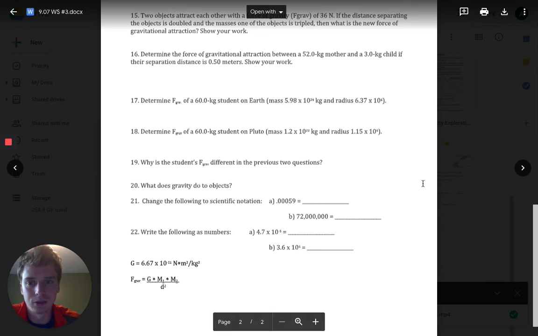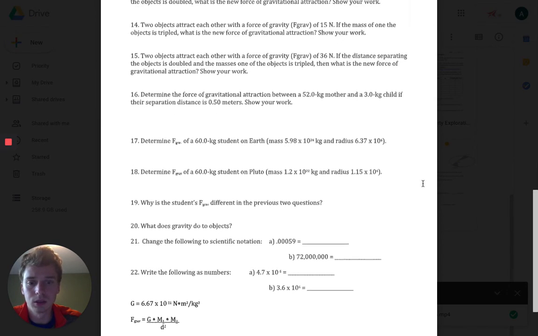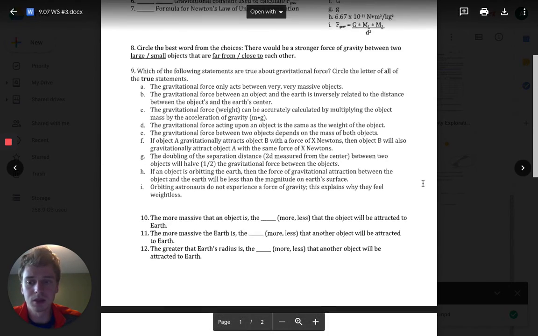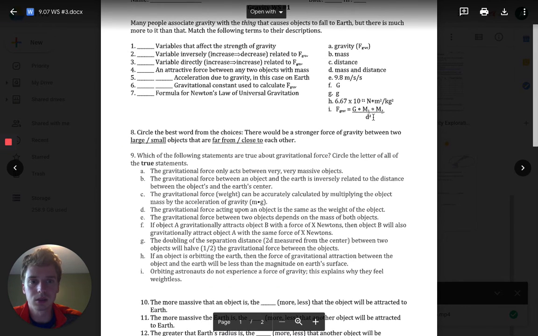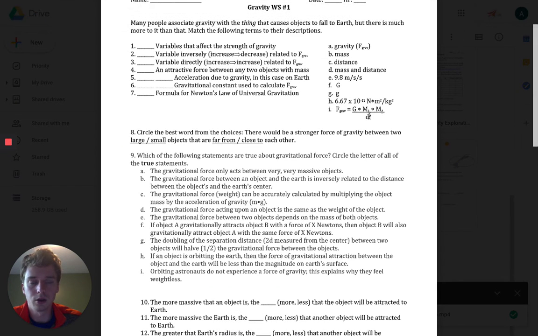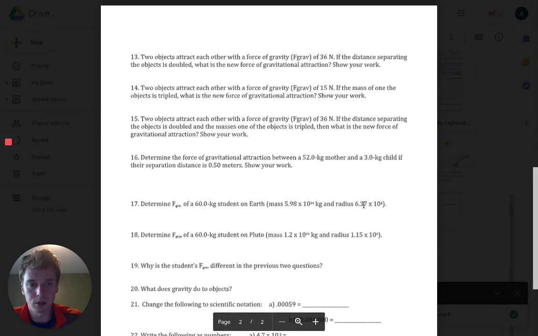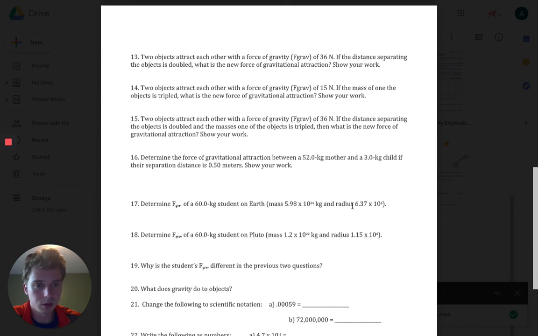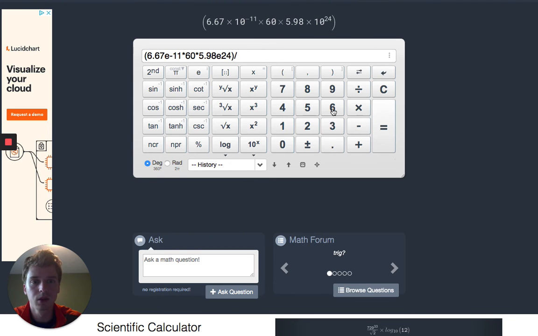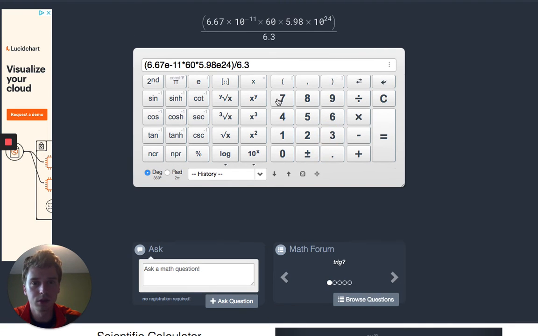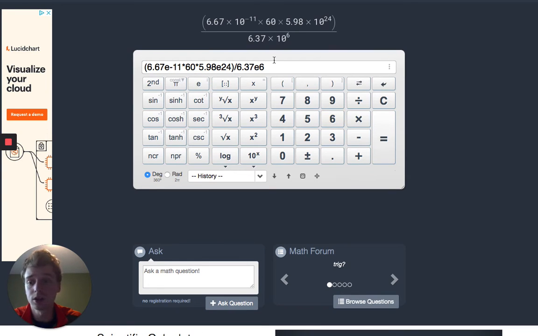But there's something else that I should be thinking, right? It's not just divided by the distance, it's divided by the distance squared, right? So please make sure that you guys remember to always square the distance. So in this case, the radius is 6.37 times 10 to the 6th. Now if I just plug that in, this is going to give me the wrong answer.